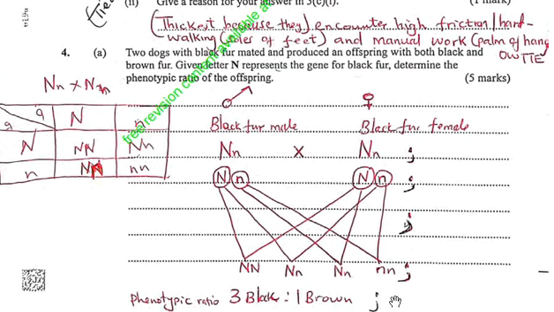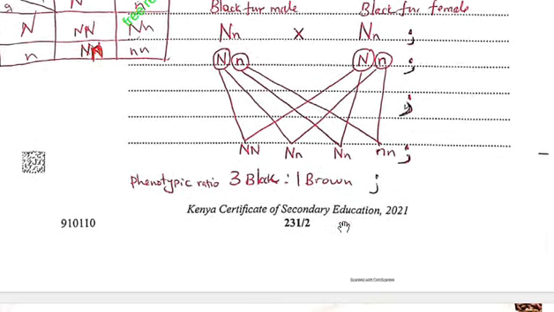Then the offspring, we have, this one is homozygous dominant, heterozygous. This one is homozygous recessive. We can use a Punnett square and follow the same way to cross. Phenotypic ratio will be, this one is black, then black.